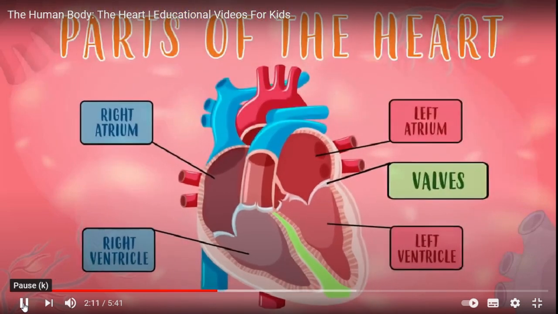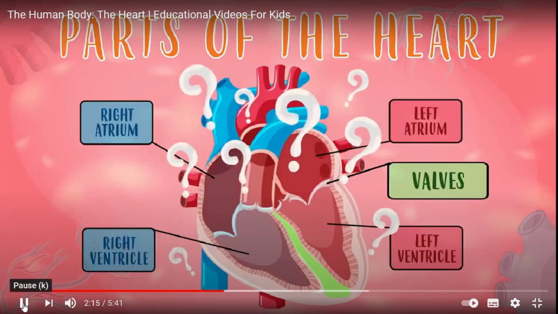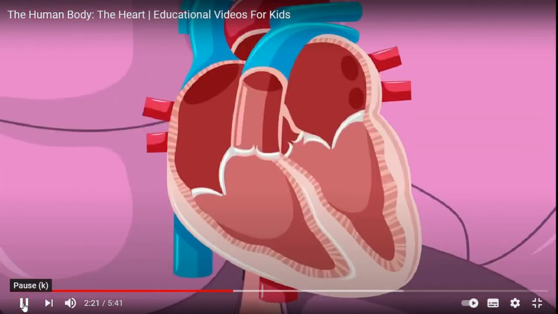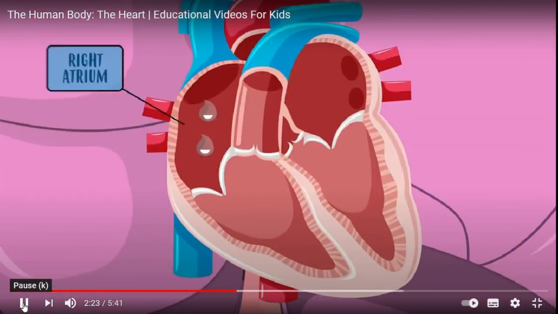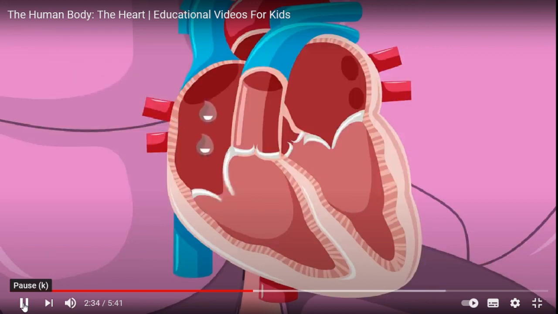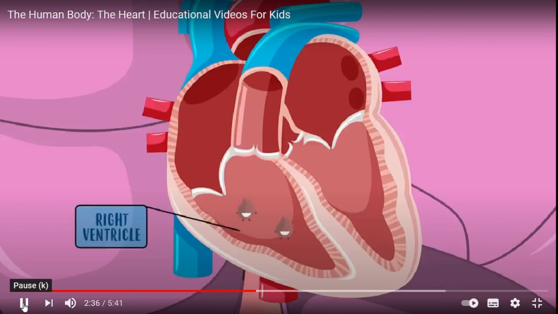Now we've got to know the most important parts of the heart, but do you know how it works? It all commences in the right atrium, where the deoxygenated blood, meaning it has very little oxygen and nutrients, enters the heart. Then it goes through the first valve up to the right ventricle.